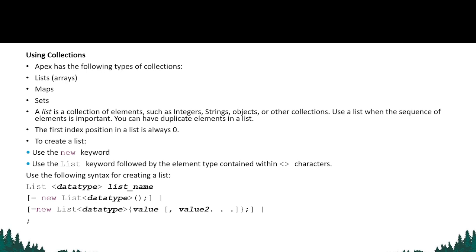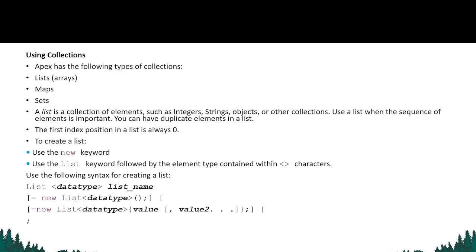When I'm talking about a list type of collection, the list will have multiple elements organized in one form in one collection, such as integers, strings, objects or any other collections. So it is forming a list. Whenever you are using a list, these elements will be called at a time and the sequence should be followed strictly.